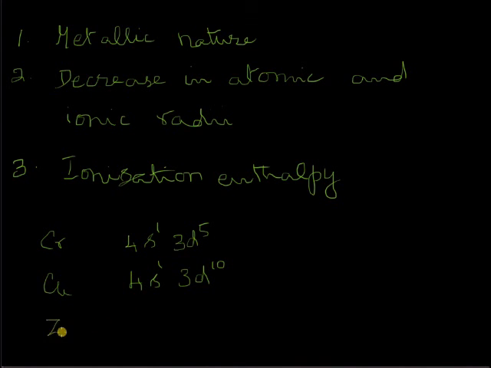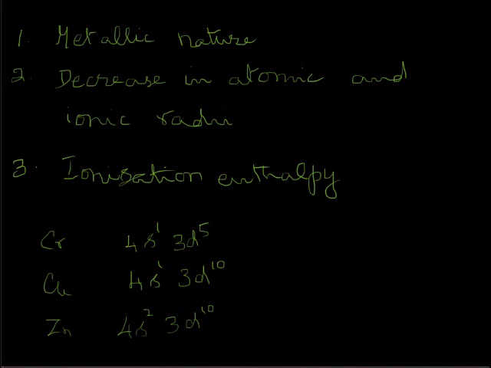In the case of zinc, it has 4s2 3d10. So the two electrons are to be removed only from the outermost s level, which should be low. So for zinc, cadmium and mercury, the ionization enthalpy values will not be very high, but the other elements, it should increase. So we have discussed three general properties of transition elements.